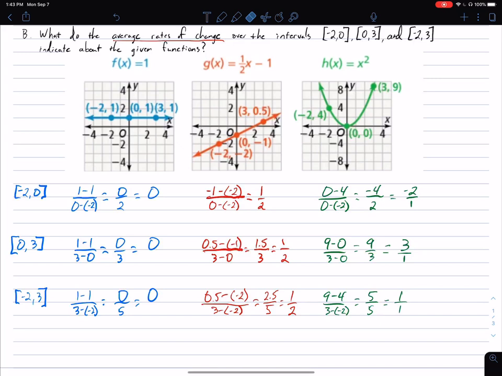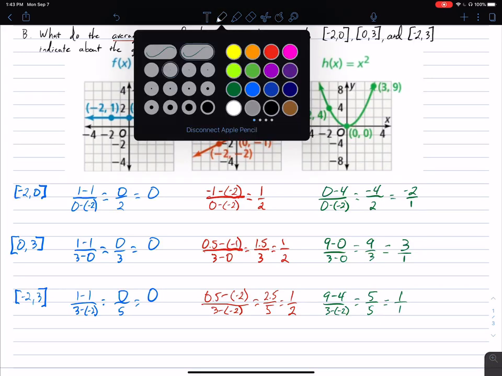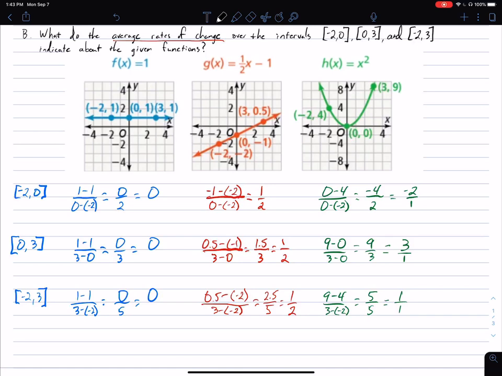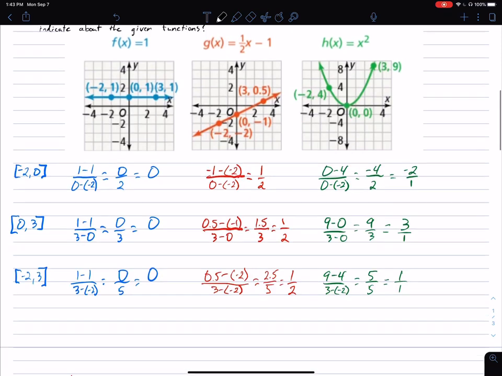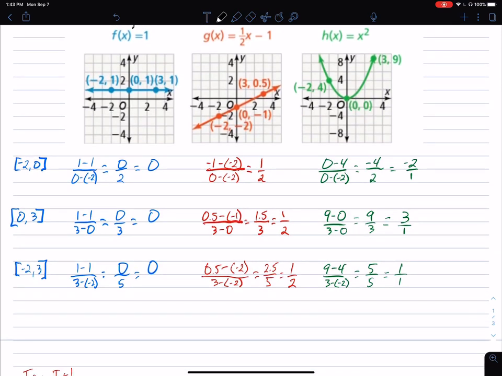All right, so now that we've found the average rates of change, what do these actually mean? What does this tell us? What do the average rates of change over the intervals negative 2 to 0, 0 to 3, and negative 2 to 3 indicate about the given functions? All right, so this first one, my average rate of change is the same: 0, 0, and 0.